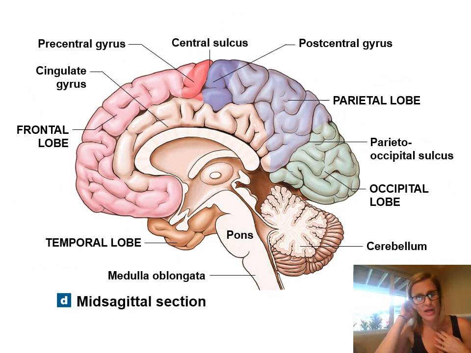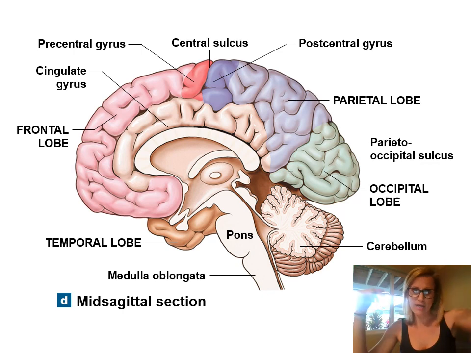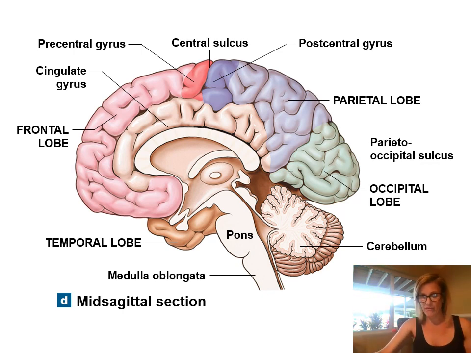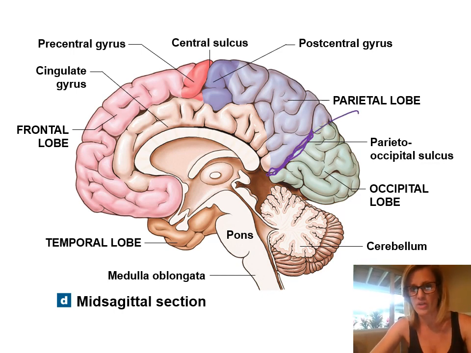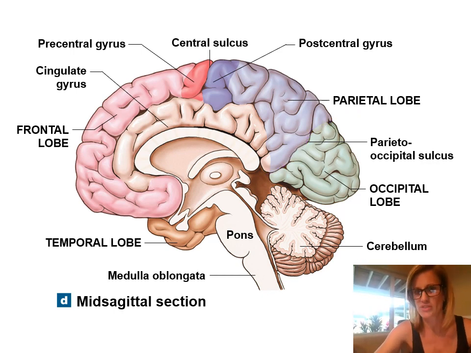This shows us the parieto-occipital sulcus. So on this one, the brain has actually been cut down the longitudinal fissure. We've separated it in half. On the inside right here, this is where you can see the parieto-occipital sulcus well, and then you just follow it around, pretending it was a straight line.